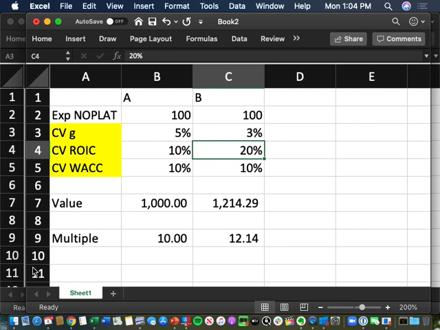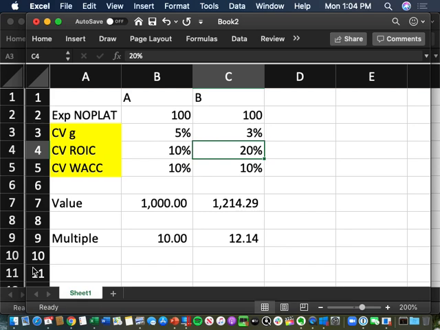We used it all semester long. We use this for our continuing value in our valuation models. We use it to estimate value in multiples. But this is based on NOPLAT and ROIC and WACC, right? But if I want to do an actual price to earnings multiple in the real world, price to earnings is based on earnings per share, which is net income. Net income is not NOPLAT, okay?